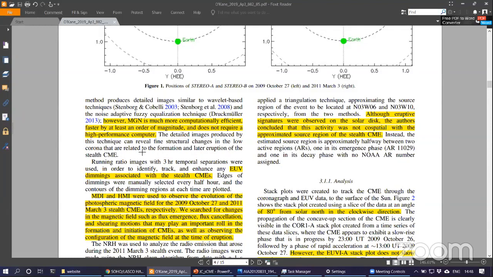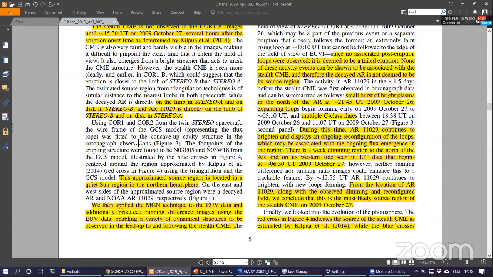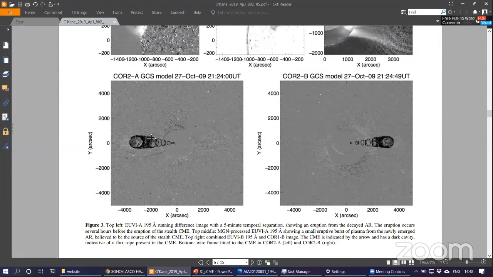You fit a kind of model to the observed CME from different vantage points, like the black one here representing the shell of the GCS model, which is simultaneously fitted in COR2 A as well as COR2 B. For this particular example, 27th October 2009, at this near simultaneous time, they have fitted the GCS flux rope.